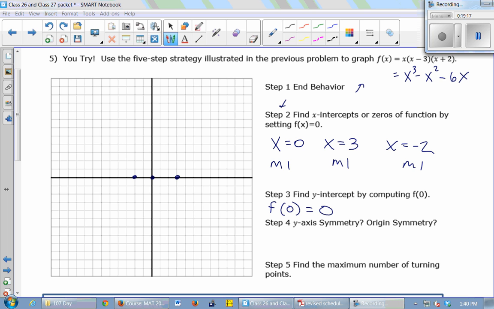So one arm up, so I'll just start from the 0, and that one goes up, and this other arm goes down from the outermost 0. And then my zeros all have multiplicity 1, so that means that the graph has to go through the axis. So this has to go up, down, and back up to finish the graph.